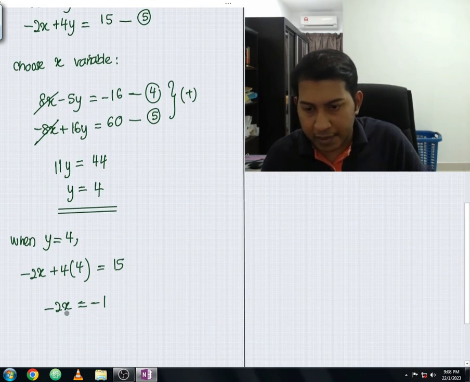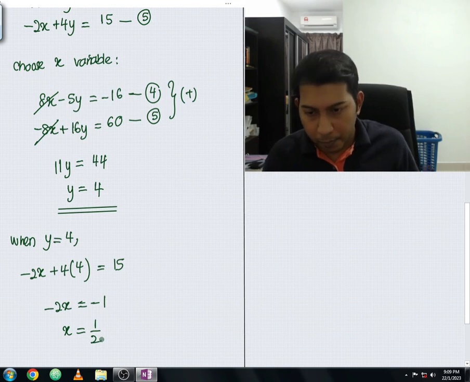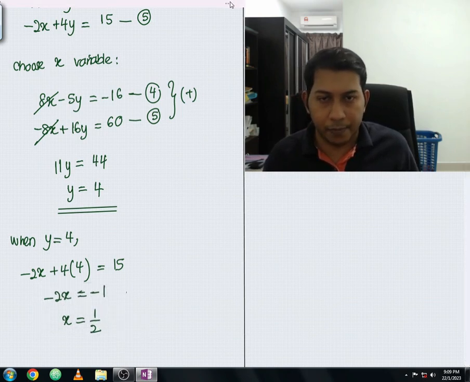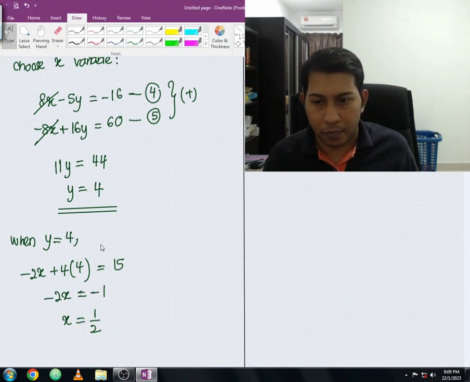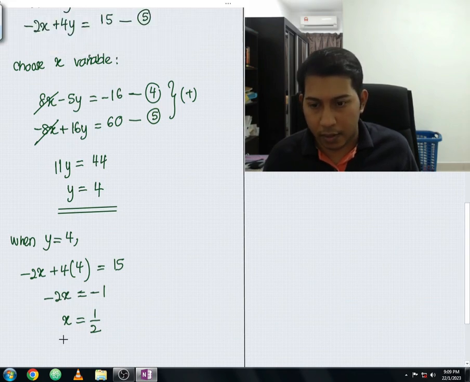So -2x is equal to -1. So from here you get x is equal to 1 over 2. Okay, so you get your second solution. Your x in this case is equal to 1 over 2.